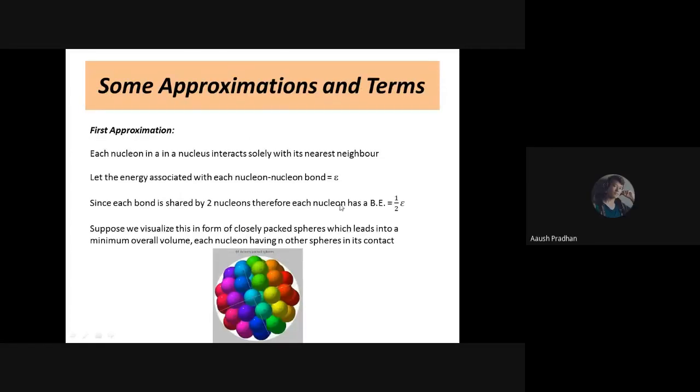In chemistry we learned it: we need to give energy from outside to break the bond. Let us call this energy epsilon or E, whatever. For each nucleon-nucleon bond, that is for each pair, we have an energy associated equal to E. Now in one bond there are two nucleons, so we can say that each nucleon has a binding energy of half E. See if you can understand this or not.